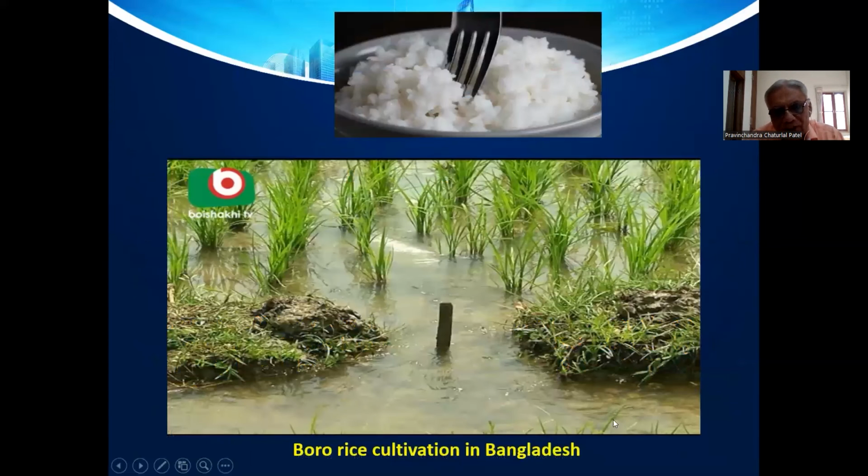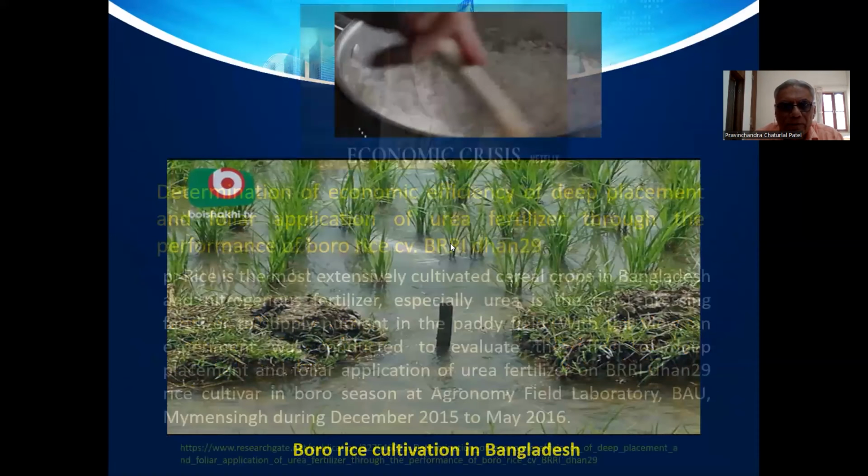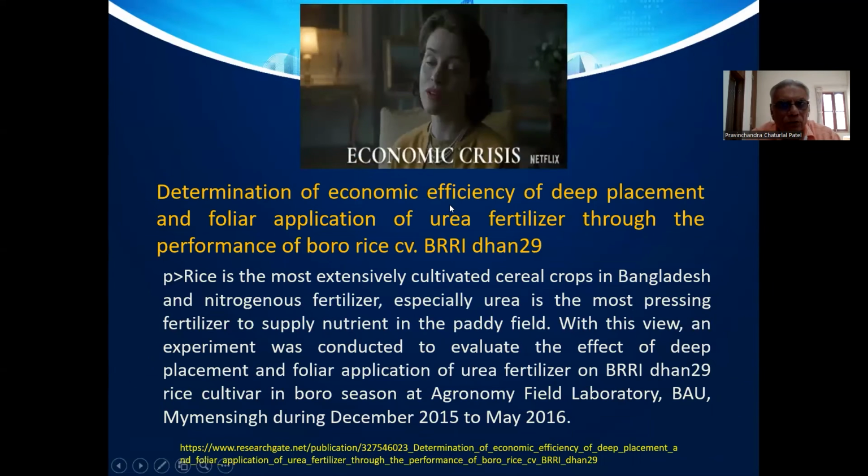So, boro rice cultivation in Bangladesh. Determination of economic efficiency of deep placement and foliar application of urea fertilizer through the performance of boro rice, BRRI Dhan 29. Dhan means rice. Rice is the most extensively cultivated cereal crop in Bangladesh, and nitrogenous fertilizer, especially urea, is the most pressing fertilizer to supply nutrient in the paddy field, the rice field.